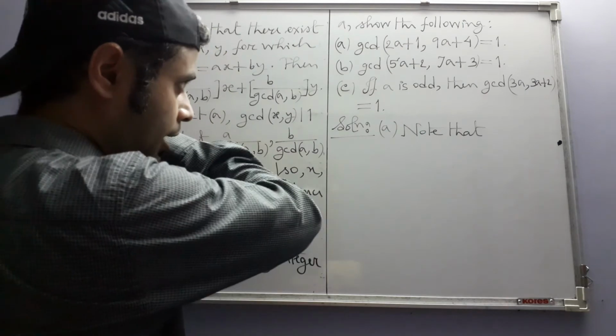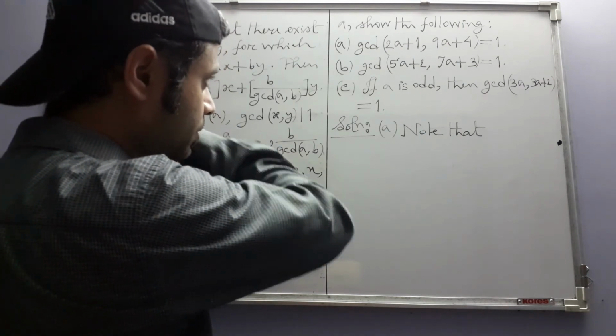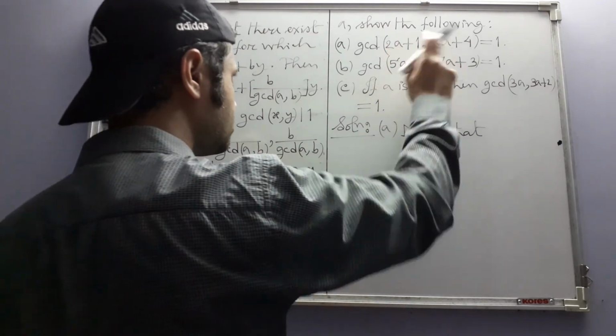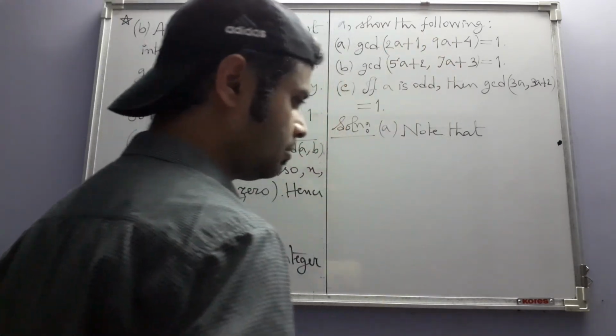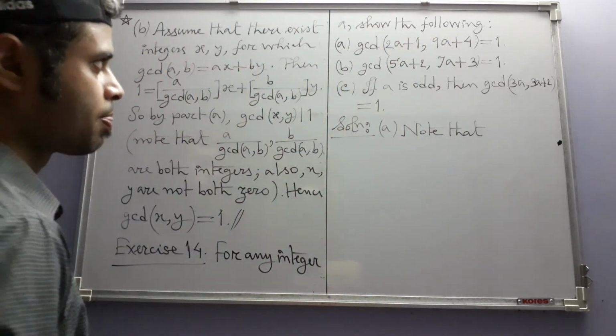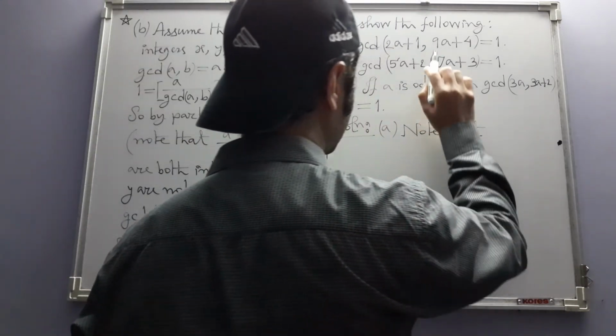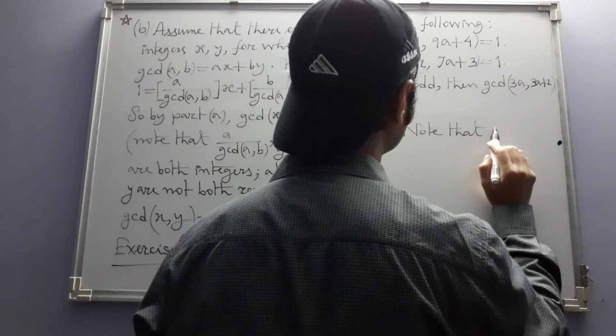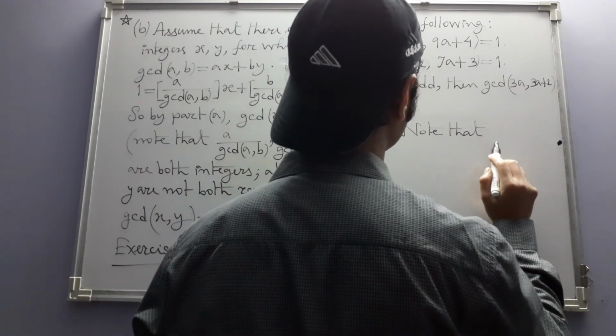Okay, now our aim is to show that an integer linear combination of these two integers is 1. So in order to vanish a, what should we do?